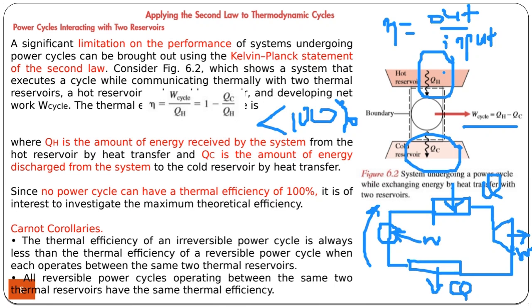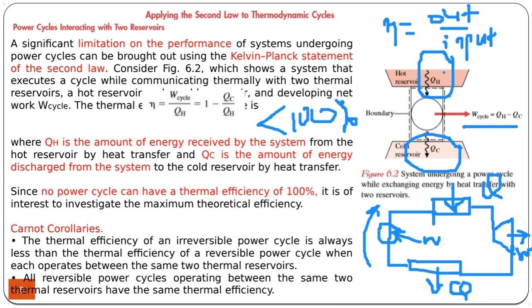We have some Carnot principles. According to Carnot principles, the thermal efficiency of an irreversible cycle, an actual cycle, is always less than the thermal efficiency of a reversible cycle. So the highest efficiency belongs to the reversible cycle or Carnot cycle.